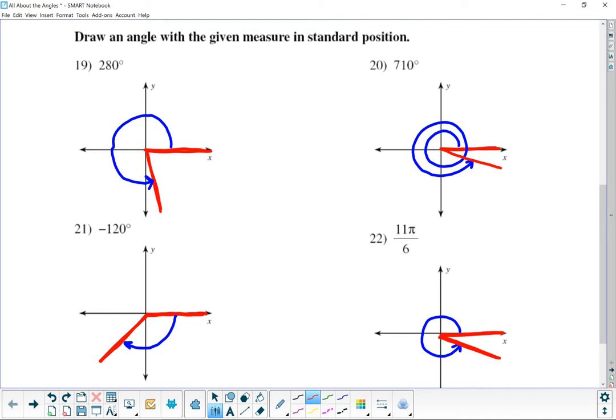Because again, Adam Sundberg said 12 pi over 6 would be equivalent to 2 pi, and 2 pi would be all the way around. But since we only have 11 pi over 6, we have a little bit less than a full circle.